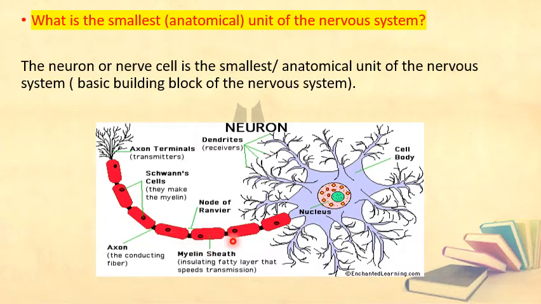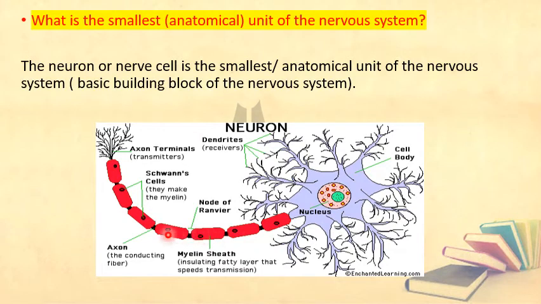It insulates the axon and helps it. And the second role is very important: the presence of the myelin sheath along the axon of the nerve cell facilitates or speeds up the propagation of the nervous message. So its presence is very important because it speeds up the propagation of the nervous message.